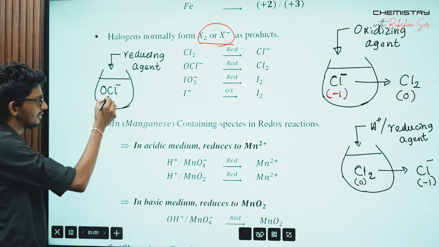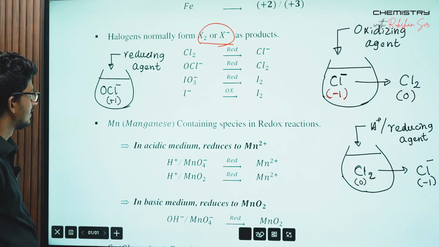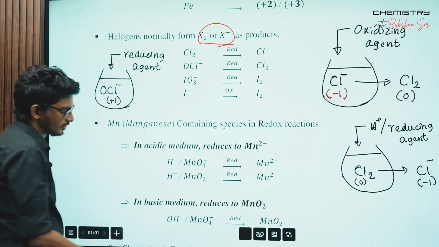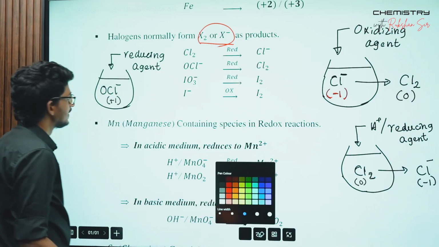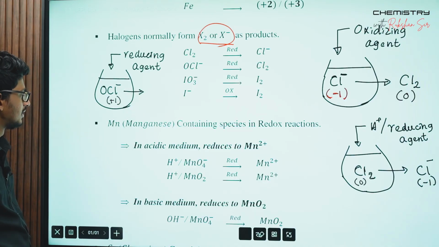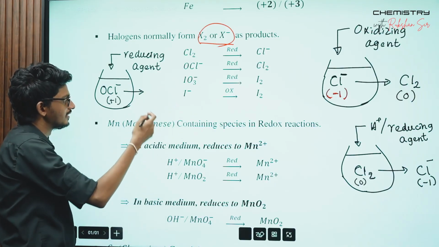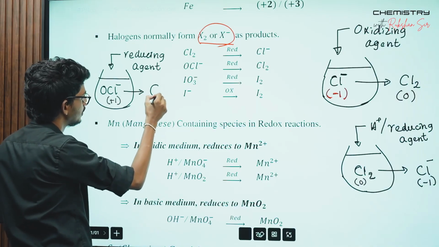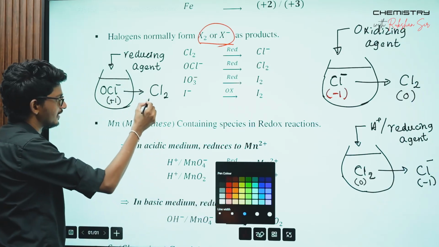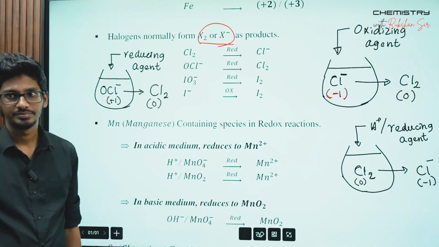In this case, the chlorine is in the plus 1 oxidation state. You can calculate that. As a reducing agent is added, the chlorine should reduce its oxidation state. So this chlorine will reduce to the X minus form or the X2 form. It normally goes to the nearest oxidation state available. From plus 1, the nearest is the zero oxidation state, so it will go to the Cl2 form, where the oxidation state is 0. That is what this says.